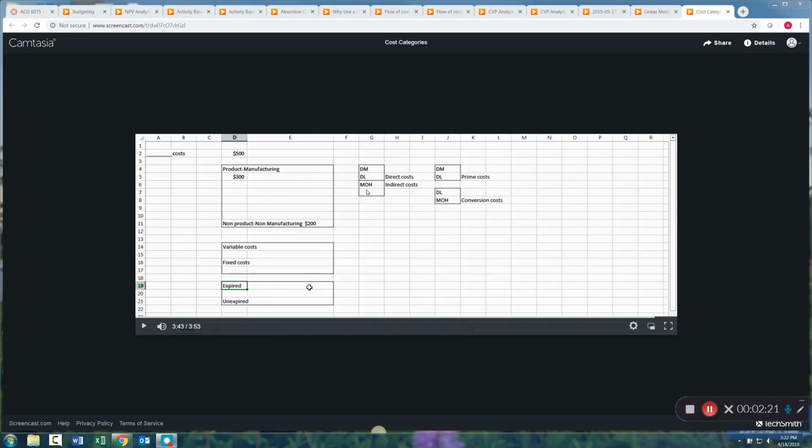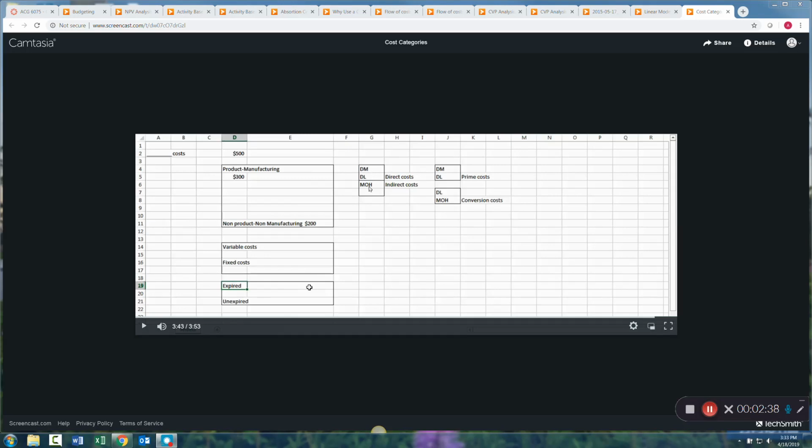So we could also look at the factors of production within product related, and we talked about direct materials and direct labor. Initially we didn't talk much about this, but these costs, the direct materials and the direct labor, are easy to track.